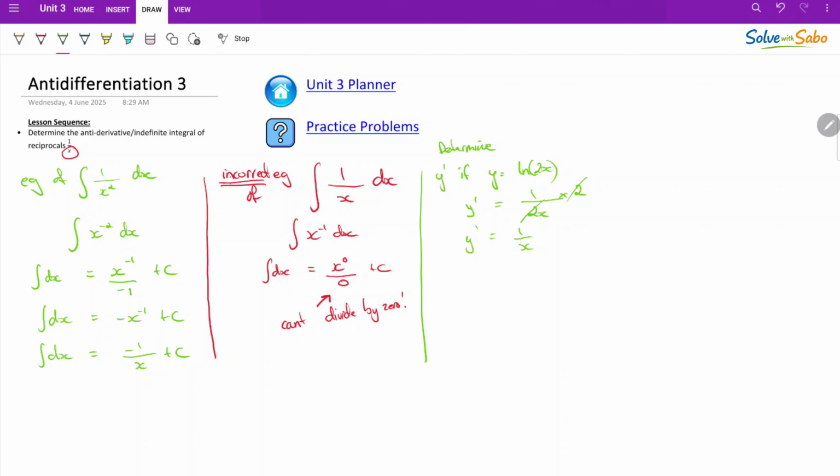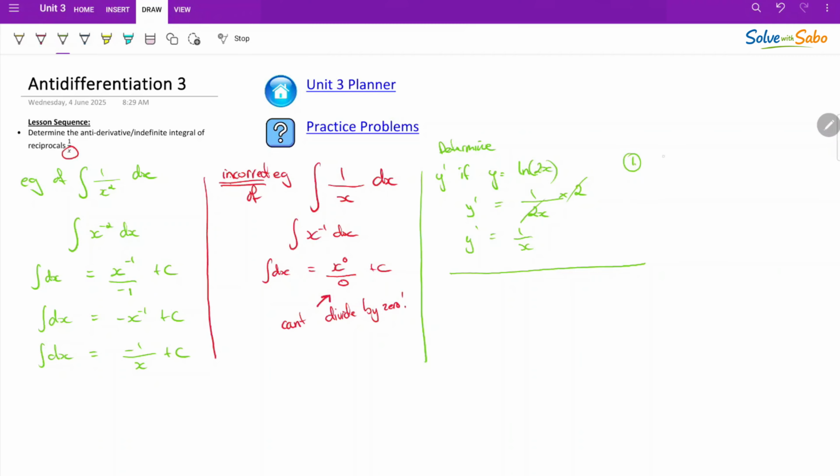Well, well, well. When we go backwards, when we anti-differentiate, we are trying to go from a 1 on x back to whatever the original equation was. So clearly, when we anti-differentiate a 1 on x function, we're going to end up with a log. Now let's do a question like this correctly. What did the derivative do?